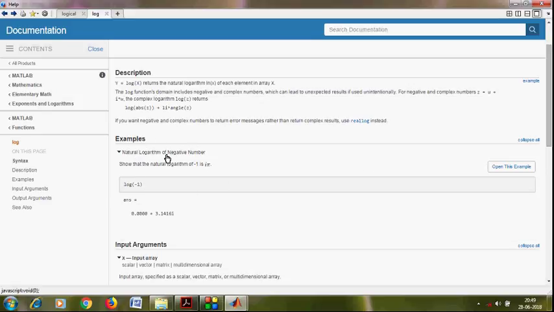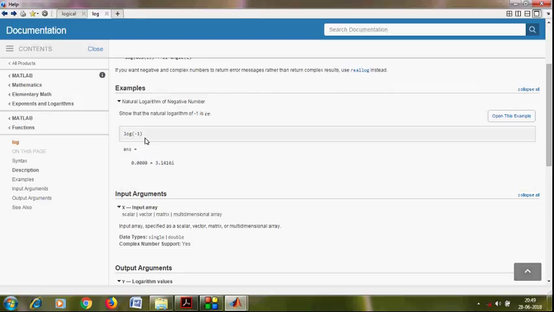It can even find the log of negative numbers because it is the natural log. Hence, if you are not interested in using it for negative numbers, then you can say reallog. If it doesn't affect your work, then you can use log as usual.